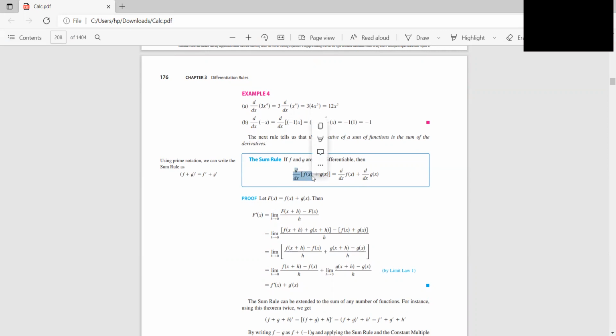These are both functions, f of x and g of x. If the functions are added together, how will we find the derivative? We will differentiate them individually. We take the derivative of f of x, then write the plus sign in between, and then d over dx of g of x separately.